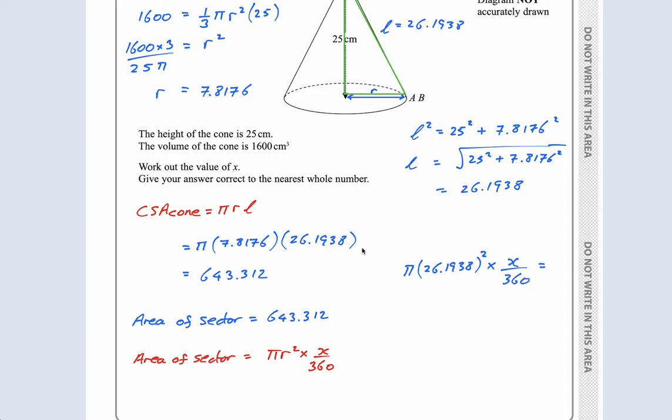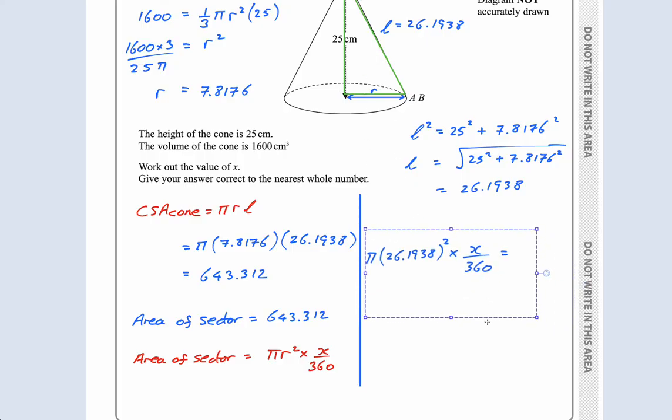equals, and guys, I need to do this. Yes, I'm aware, guys, this is hard. Equals this, 643.312. Now, I have an equation with just one little x in it, which is what I need to find. So I'm actually quite happy, because the rest I can find x now.